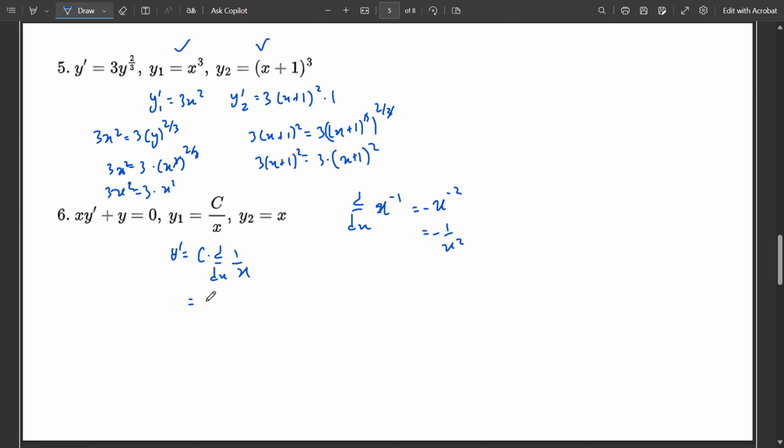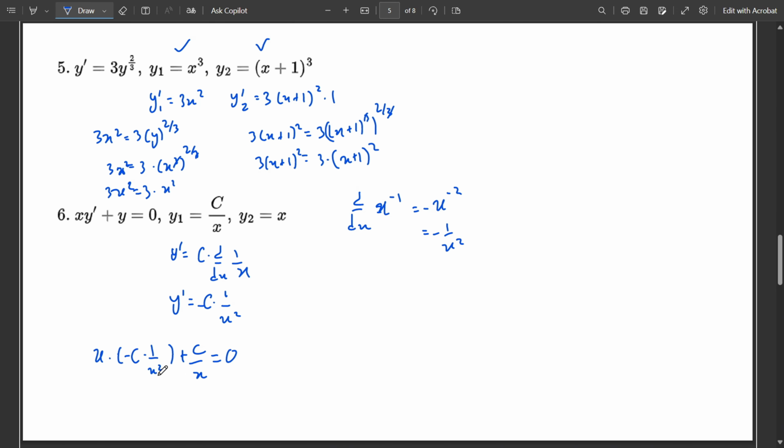And that means it's negative c times 1 over x squared. So that's our y prime. Okay, so substituting into the differential equation, we have x times y prime, which is negative c times 1 over x squared, plus y, which is c over x, and that equals 0.